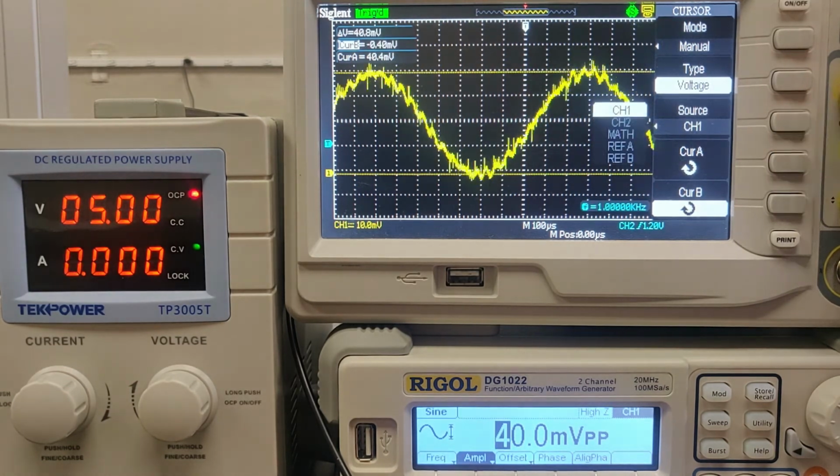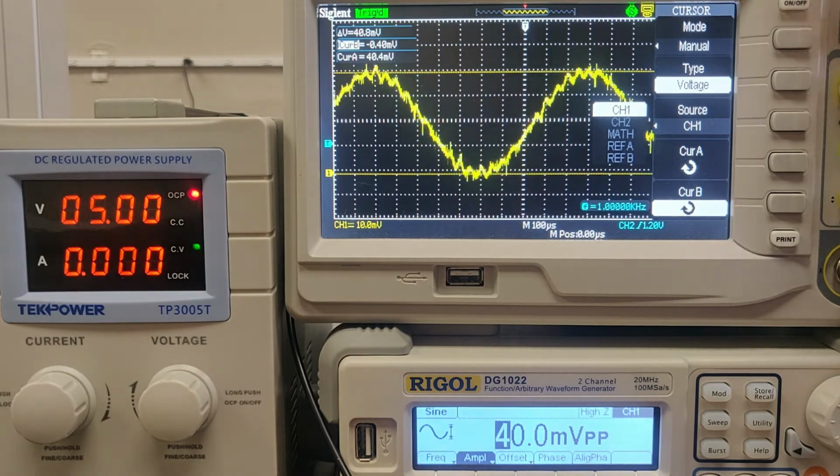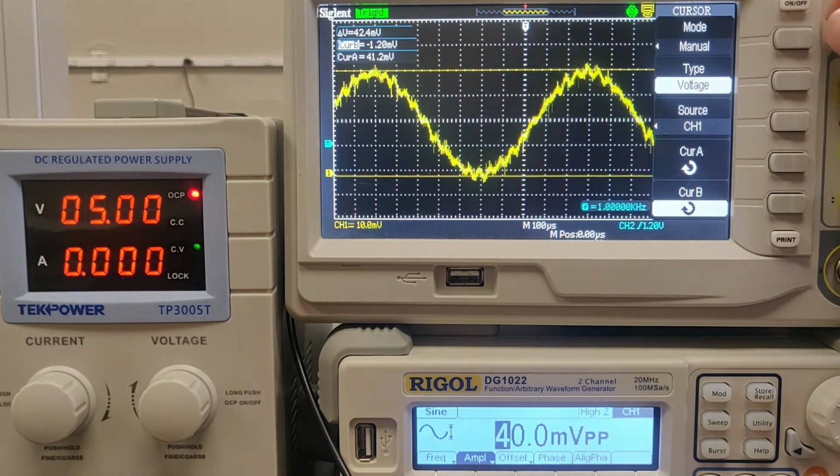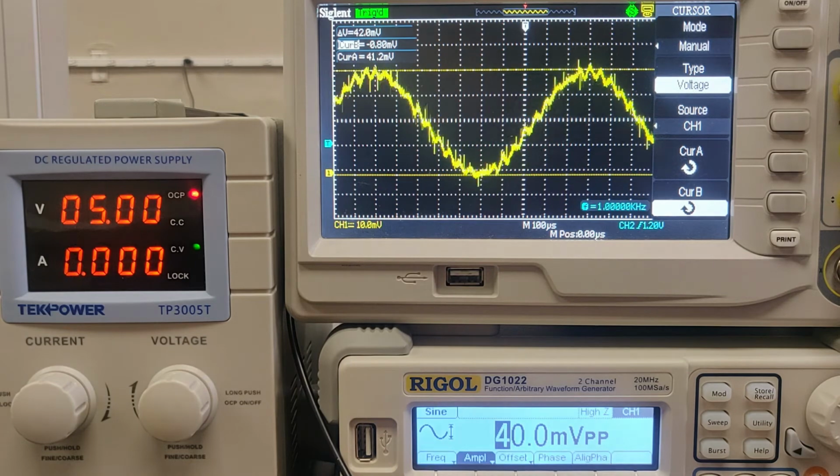Okay, so best we can, kind of right there. Sure. We can call it 42 millivolts.